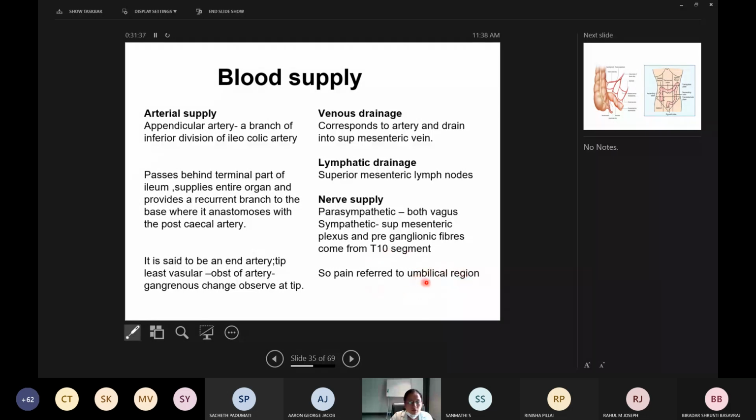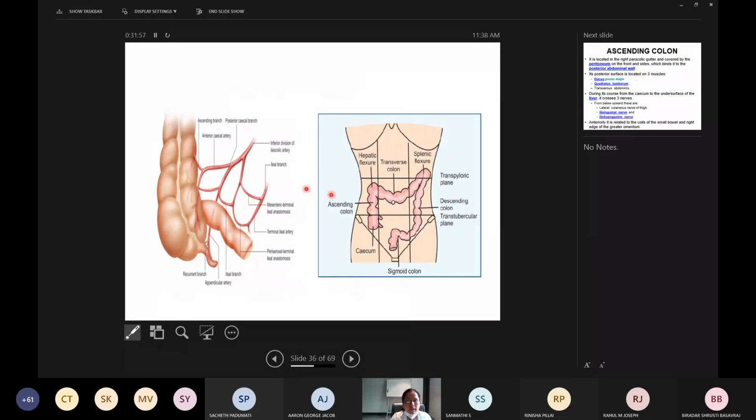So the pain will initially be felt in the umbilical region, then it will relocate to the right iliac fossa because of local peritonitis, or inflammation of the local peritoneum. First it will be felt in the umbilical region. So this you have to remember. Okay, so this is about the blood supply and the nerve supply. This is the inferior division of the ileocolic artery, which gives the appendicular artery, which passes behind the ileum. You can see here it is behind the ileum.